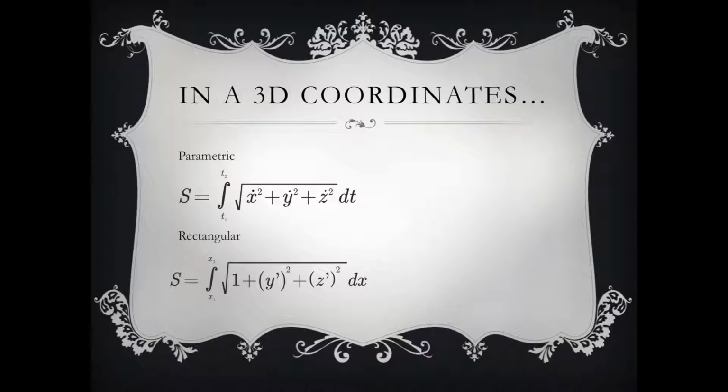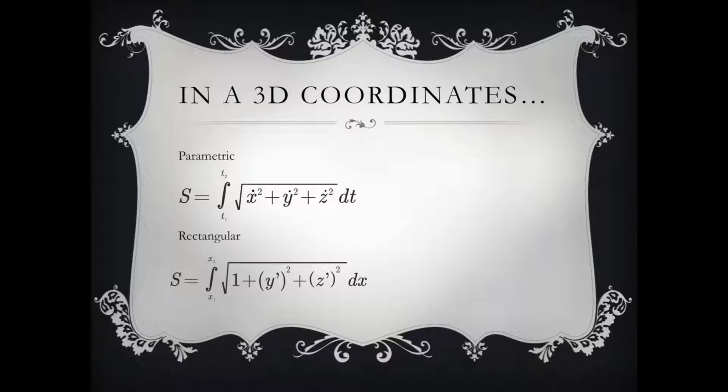In three-dimensional coordinates, the parametric equation of the arc length of a function becomes the integral from t1 to t2 of the square root of ẋ² + ẏ² + ż² dt.